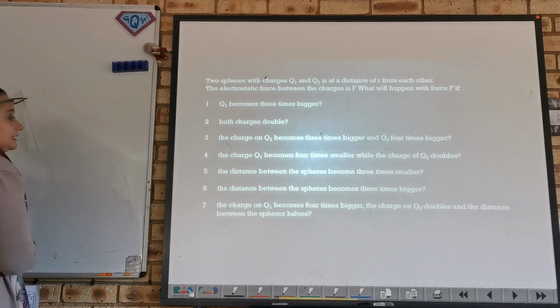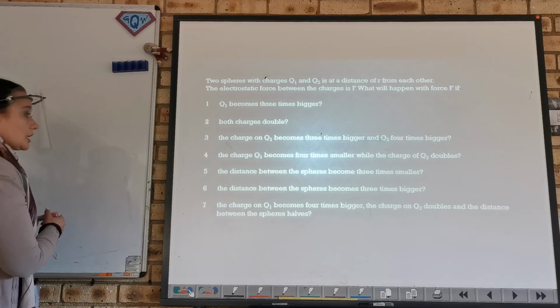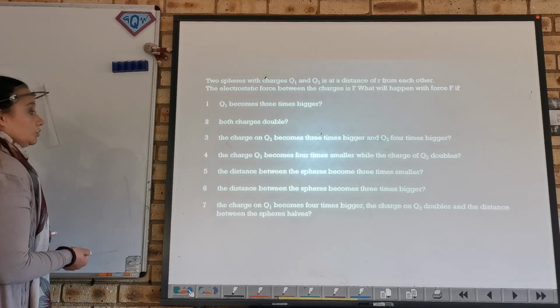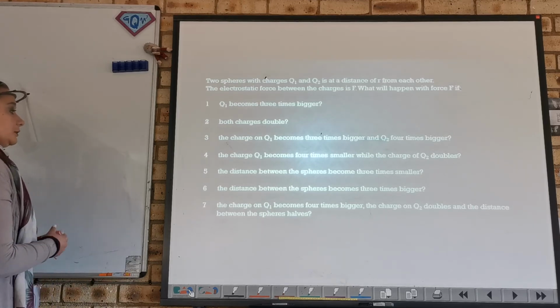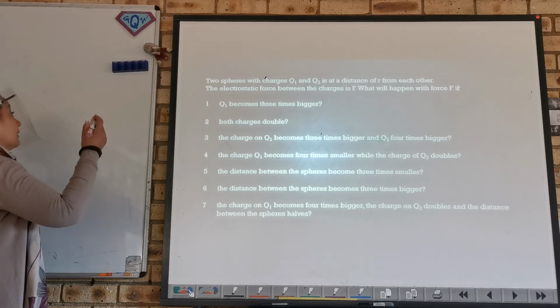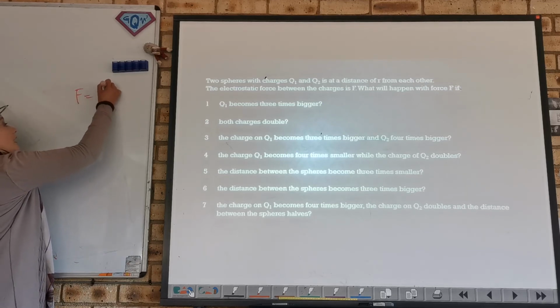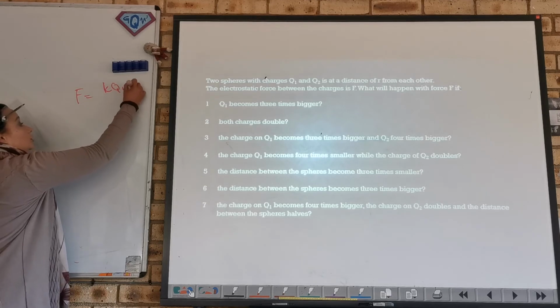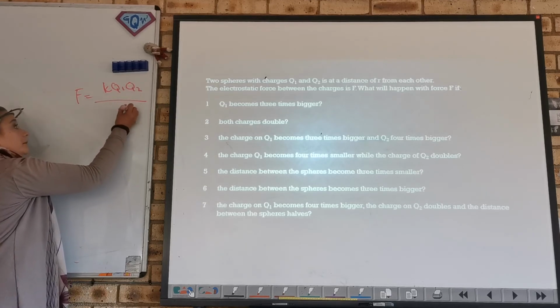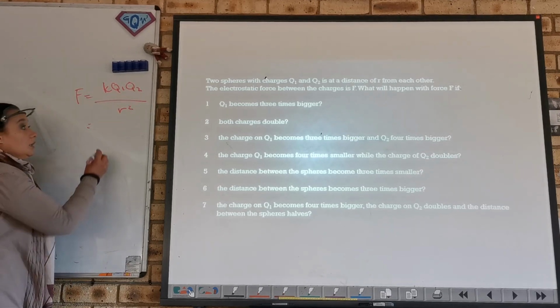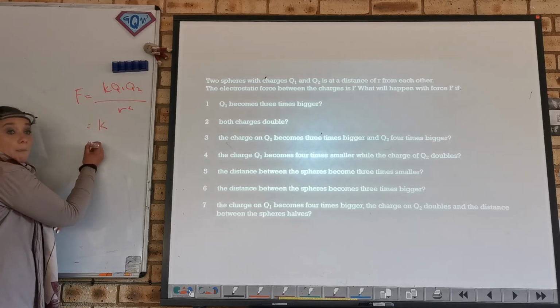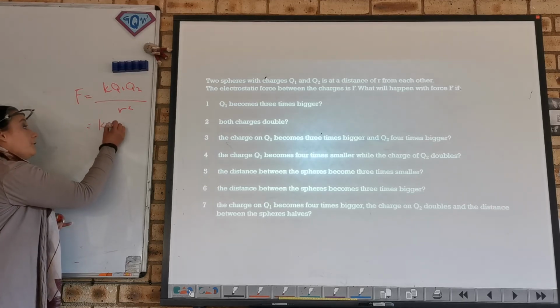For number 7, it says the charge on Q1 becomes 4 times bigger, the charge on Q2 doubles, and the distance between the spheres halves. So I'm going to write down the equation, and then I am going to talk about what's happening with each variable. Tell me what happens with Q1? 4 times. So I'm going to say 4 times Q1.